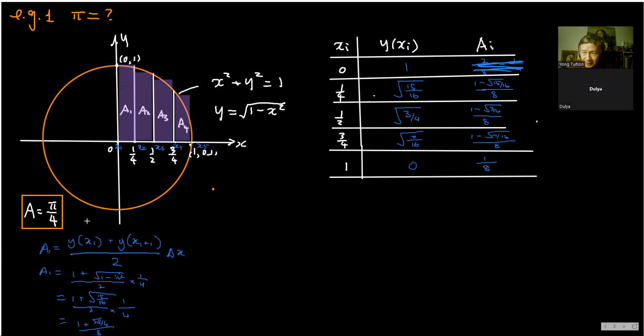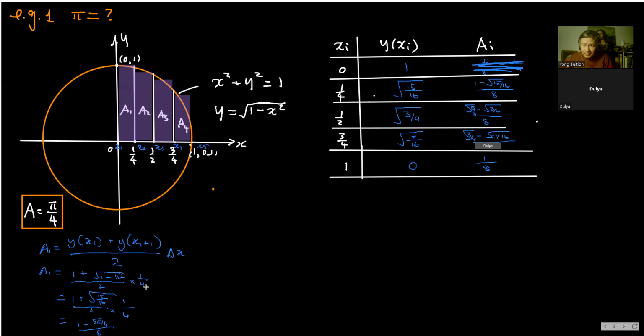Something wrong, do you want to check up? Let's see. The y value first is 0. The second is, yeah, you are right. Oh, I see. I just did all of them as 1, but this should be square root 15 over 3. And this square root should be square root 3 over 4.